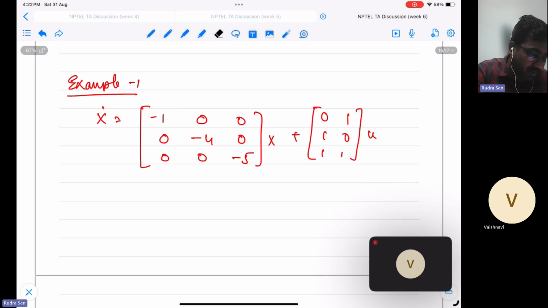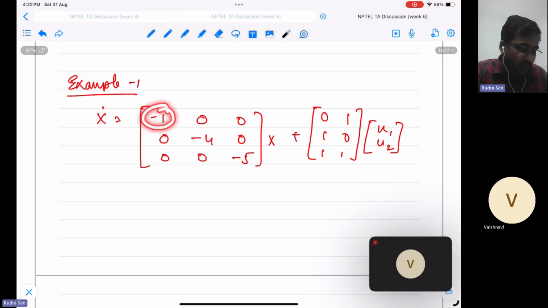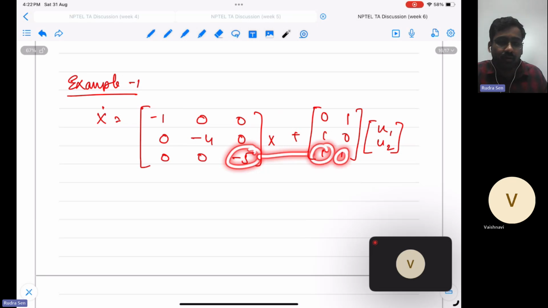Let's say this U is U1, U2. For this eigenvalue, I have at least U2 to control this state. For this eigenvalue, I have at least U1 to control this state. And for this eigenvalue, I have U1 and U2 to control this state.